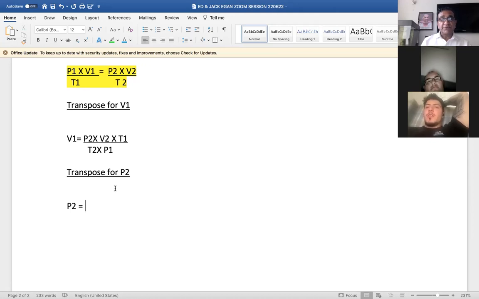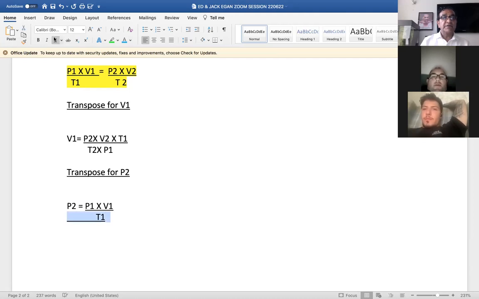So what's the first bit? What are we going to write? We've got P2 equals P1 times V1. That side stays the same. P1 times V1 divided by, so we're going to move this over here. So P1 times V1 is going to be T1.